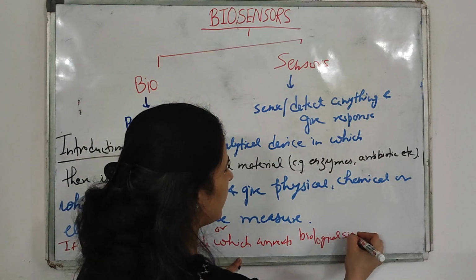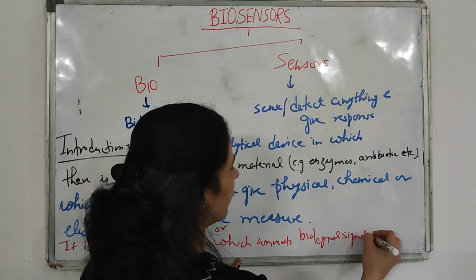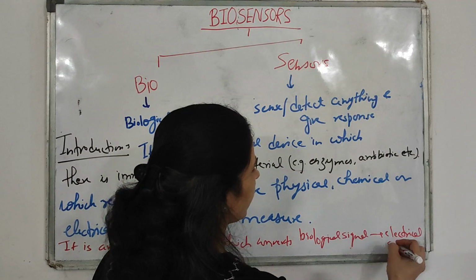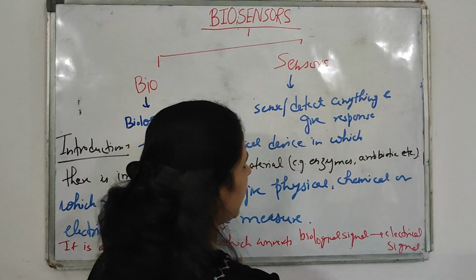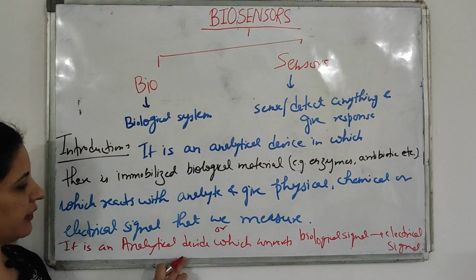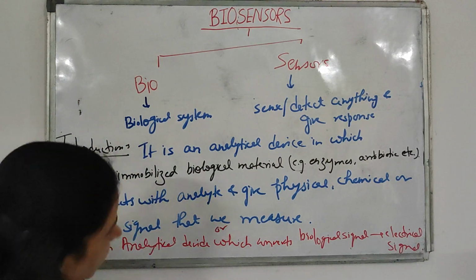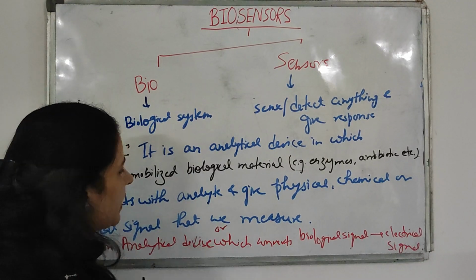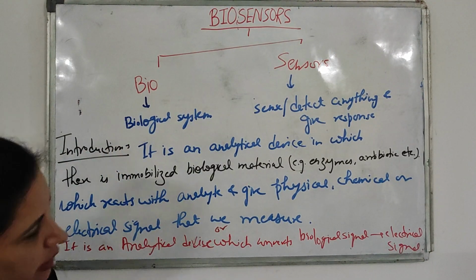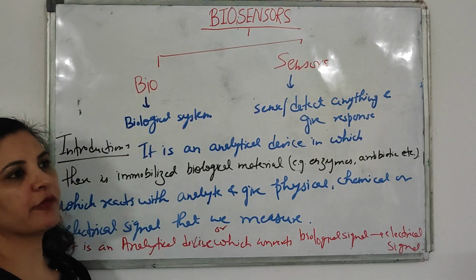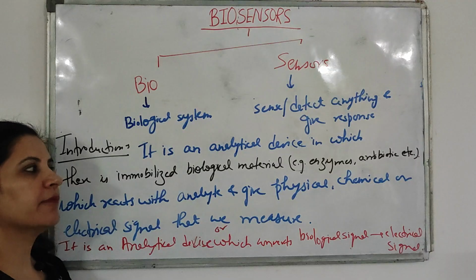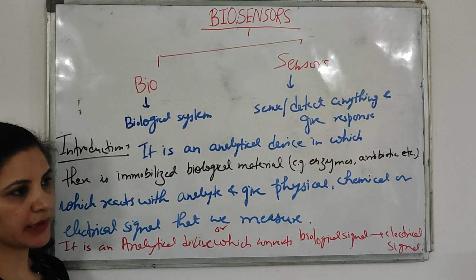In a simple way you can say it is an analytical device which converts your biological signal into an electrical signal, and finally you get the response and measure it. So this is the introduction which you write in your exam.